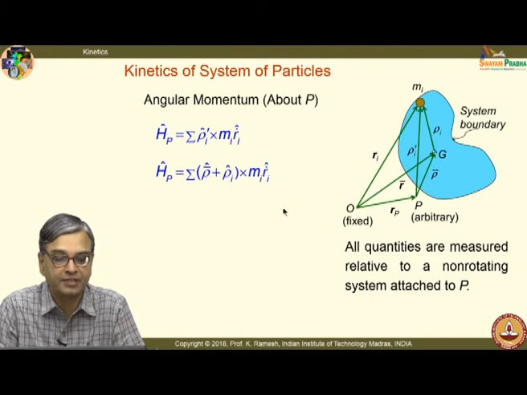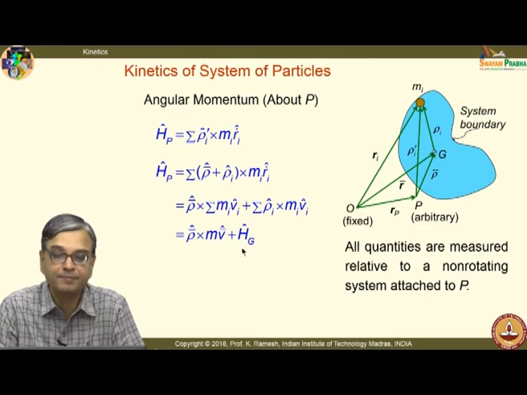I get this expression, then simplify this and then knock off terms that go to 0. So, I can replace from the earlier definition this as simply Hg. So, for an arbitrary point, I can write this angular momentum consisting of two terms, one from the mass point Hg plus rho bar cross m v bar.